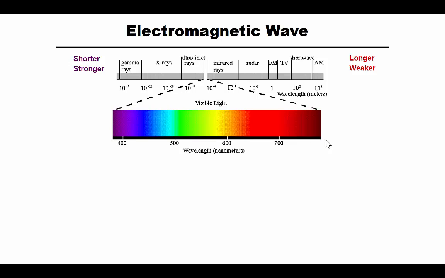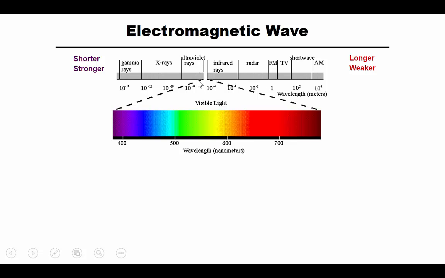Visible light is one kind of electromagnetic wave, and it has quite a narrow window, about 400 nanometers to 700 nanometers, a short range of the electromagnetic wave we call visible light. If the wavelength of the electromagnetic wave gets shorter, then the energy gets higher, and if it gets longer, then the energy becomes lower.